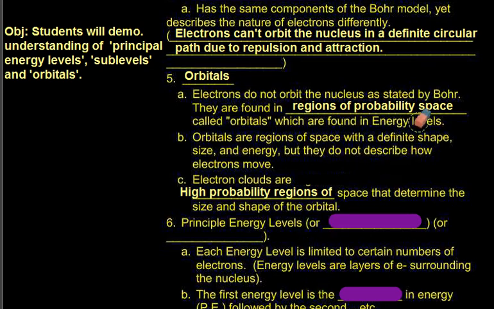And here's the idea of the high probability region of space. Imagine that you are in a completely dark room with thousands and thousands of moths. As we all know, moths are drawn to light. And in the middle of the room, there is also a single really bright light bulb. The light bulb is only so big, so when you turn on the light, the moths flock to the light.